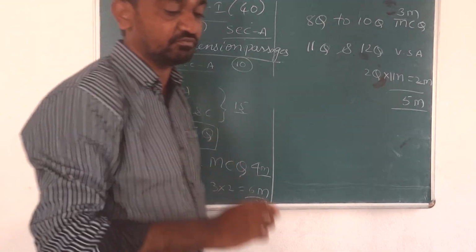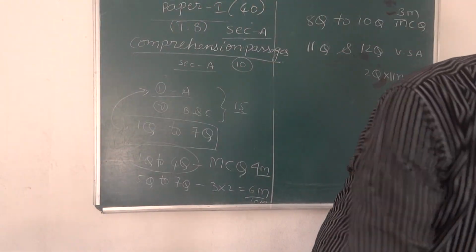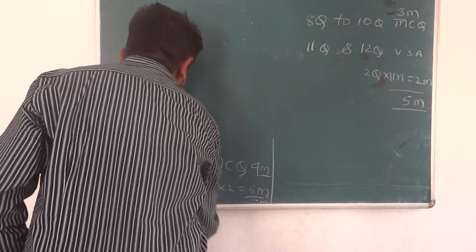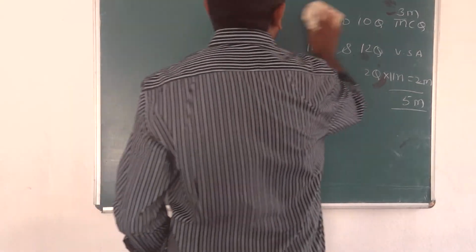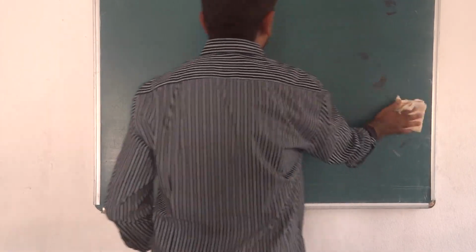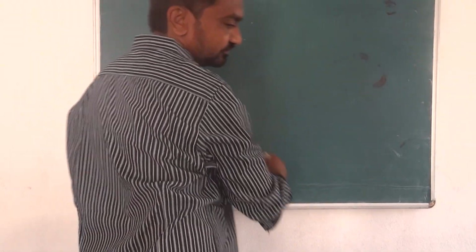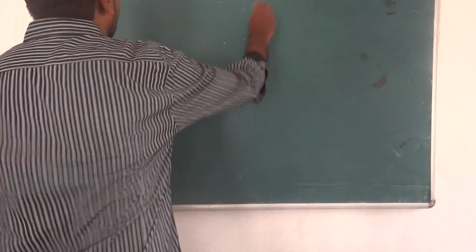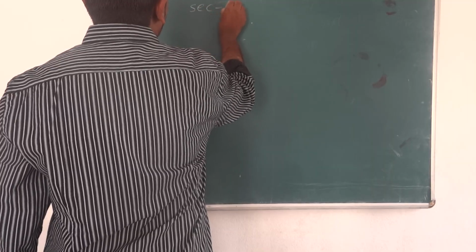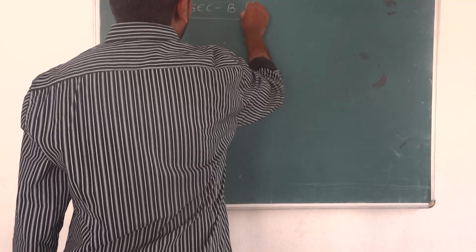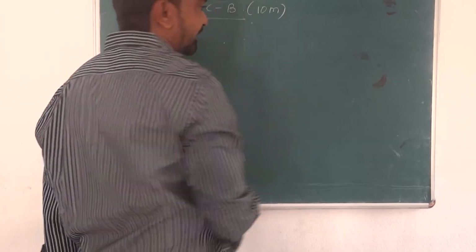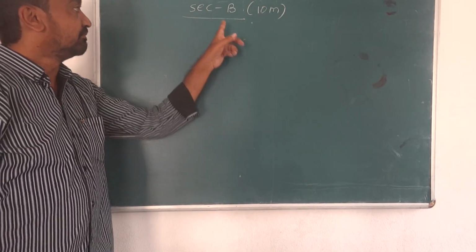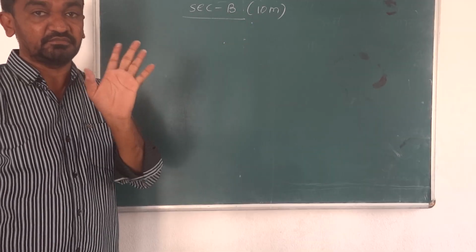Let us go into Section B. What is Section B? Section B carries 10 marks. Section A carried 15 marks, but Section B carries 10 marks.